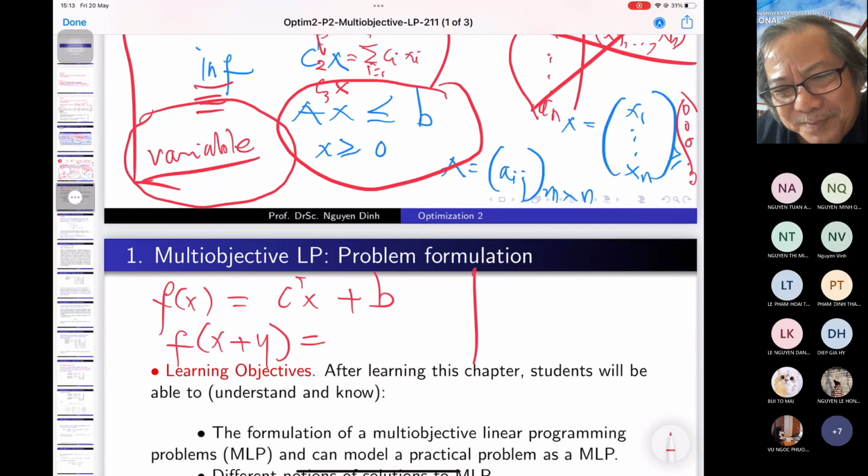Tuấn Anh? Yes, I'm still remembering. You studied, you forgot everything. That's very terrible. You studied linear operators and a lot of things. Nguyễn Vinh, tell me what is the definition of a linear function?